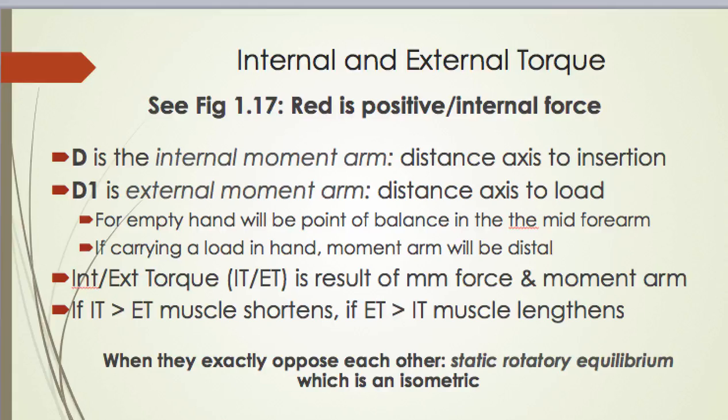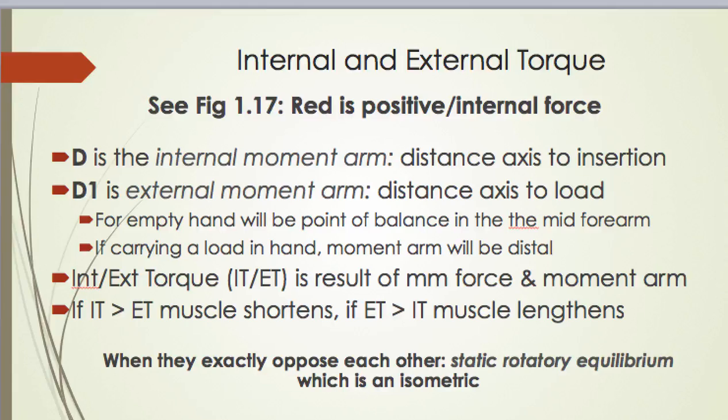So D in the picture, take a look at D. D is the internal moment arm. Why internal? Because internal is when we talk about internal force, we talk about the muscle. So we're talking about the distance between the axis of rotation at the elbow joint and the insertion of the biceps tendon into the radius. Okay, so that's the internal moment arm. The external moment arm is D1.